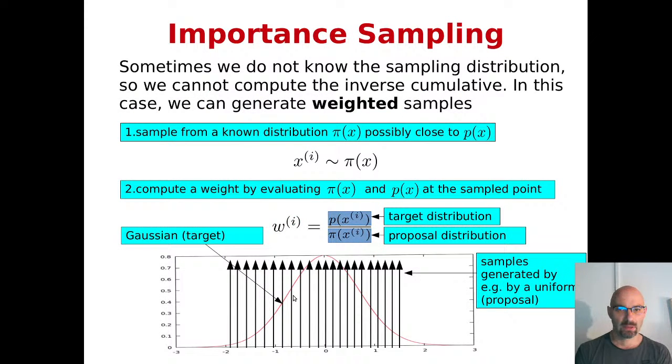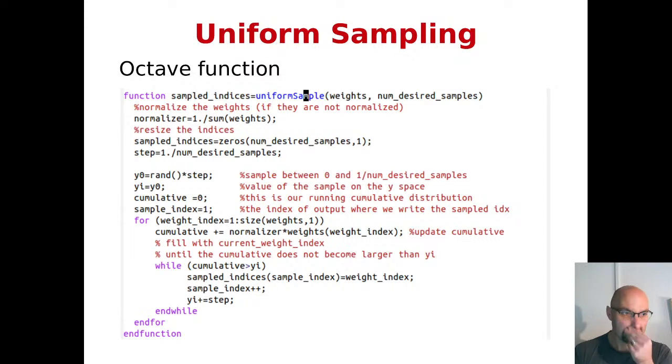Now, this is the mechanism. I invite you to run this uniform sample that I've given you in MATLAB, or Octave, to try exactly. This happens because the distribution is discrete. And if the distribution is continuous, there will be no way. So you can't use this very same mechanism. You have to invert the CDF.